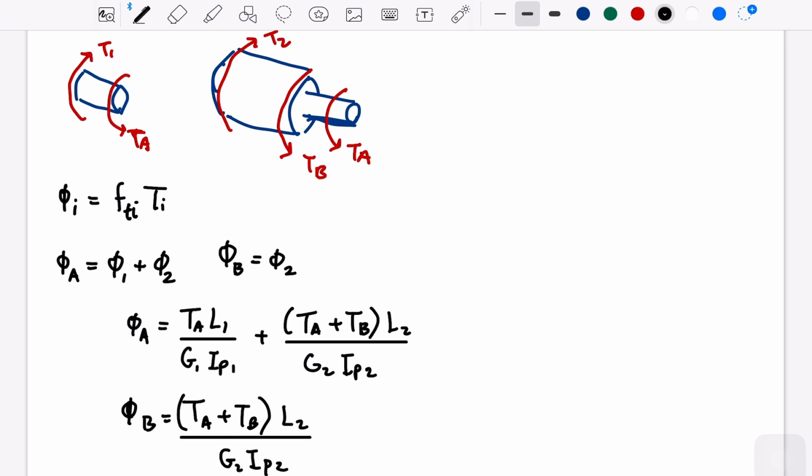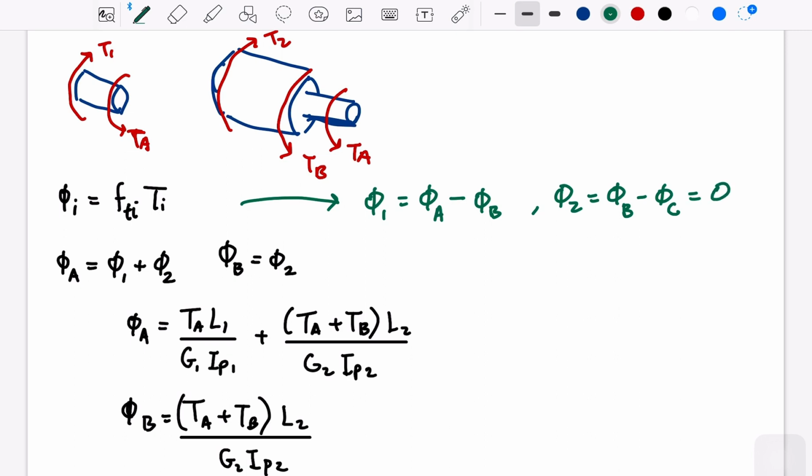Or perhaps to understand why we get this plus, we can relate that the twisted angle 1 is the twisted angle in A minus the twisted angle in B, okay. And the twisted angle 2 is the twisted angle in B minus the twisted angle in C. Since there's no twisted angle in C because of the wall, we get just the twisted angle B. So that's why this is 1 plus 2.